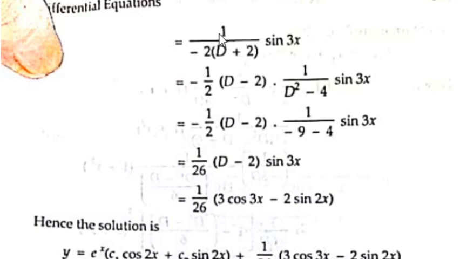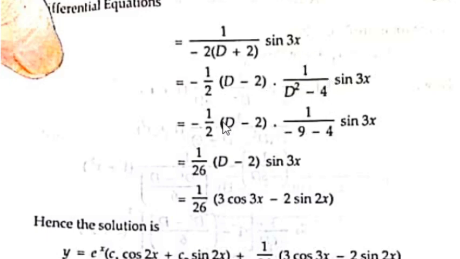In the numerator D − 2 will come. In the denominator, D + 2 is already there, and when you multiply it with D − 2 it gives D² − 4. Therefore this is equal to −1/2 (D − 2) · 1/(D² − 4) sin 3x. Now this is to be operated on sin 3x.